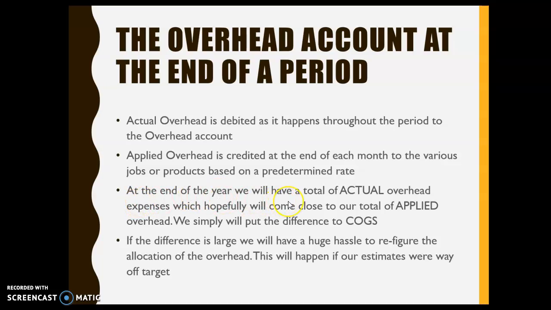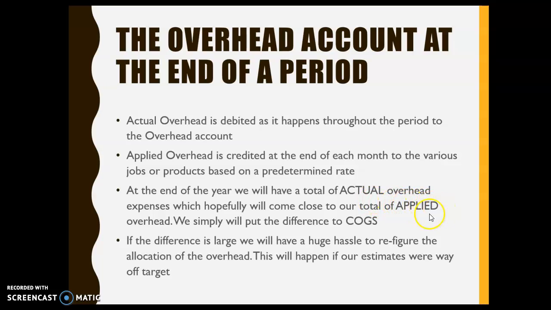At the end of the year, we're going to have the actual total debits in overhead, and we'll have the actual total credits of what we applied in overhead. Of course, they're not going to match.